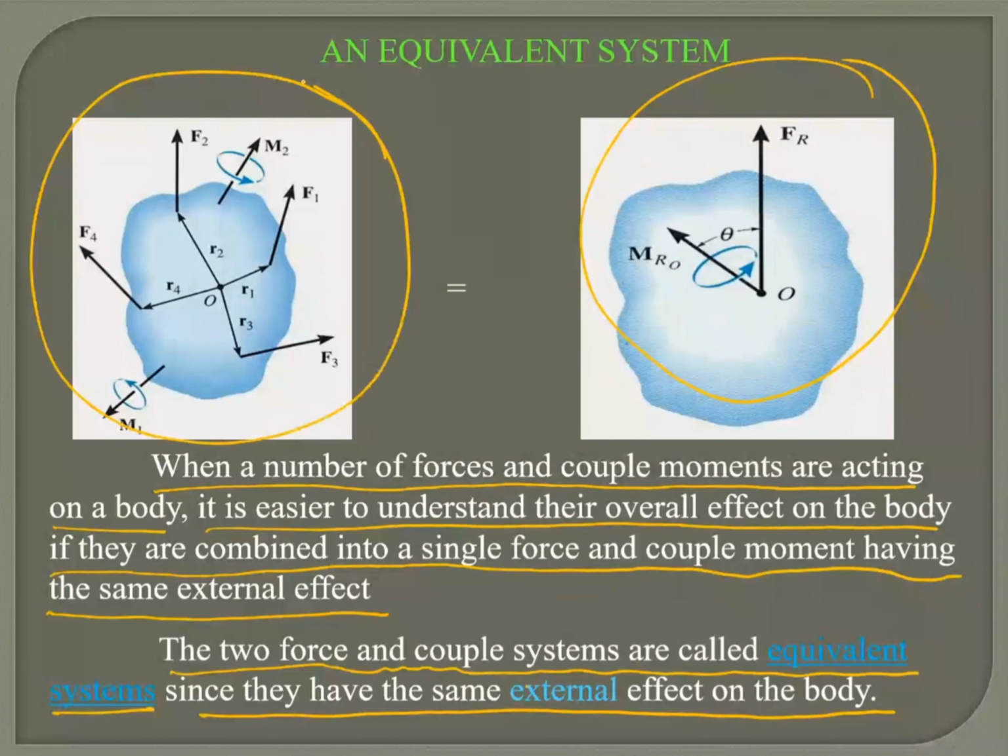Now, it is very difficult to visualize the effect on the body if you look at this figure, but it's relatively easy to see here. If I ask you what is the movement tendency of the body in linear directions, is the body going to tend to move in the upward direction or bottom or east or west?